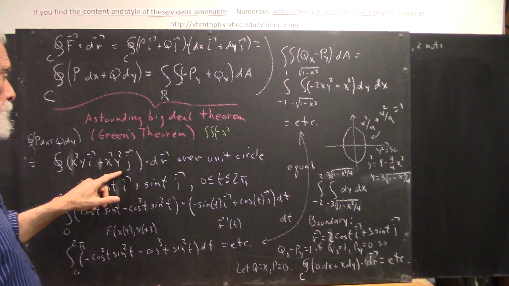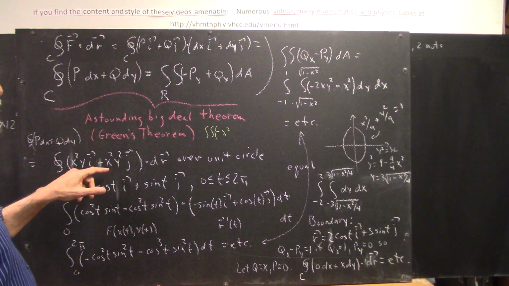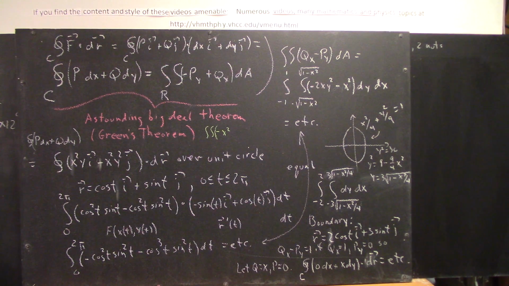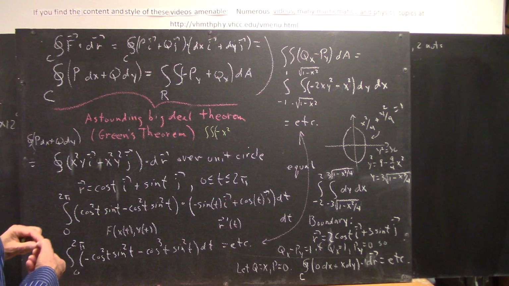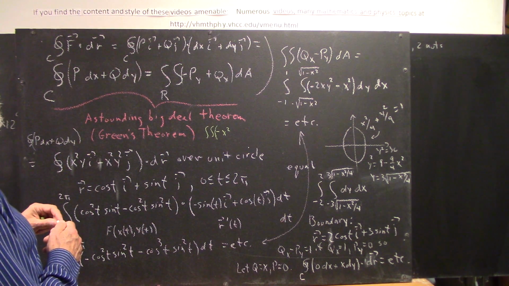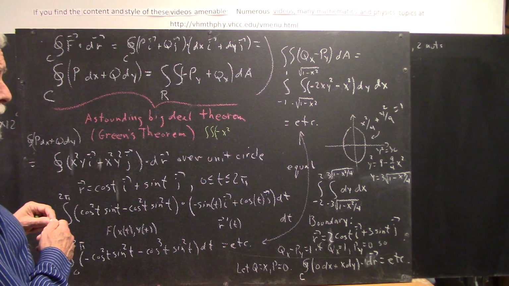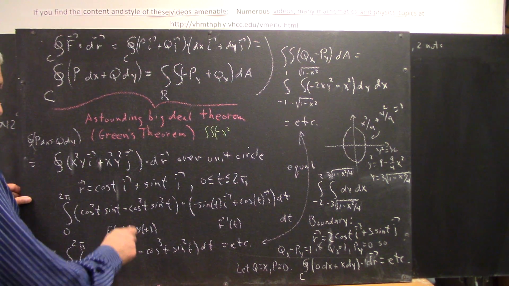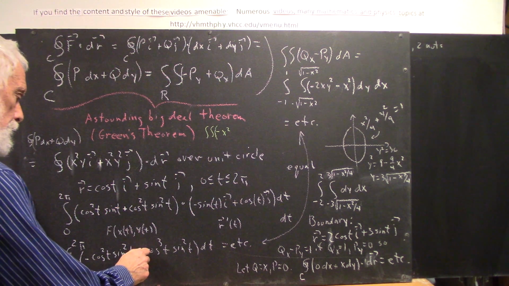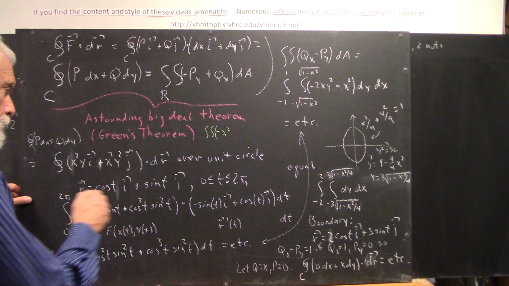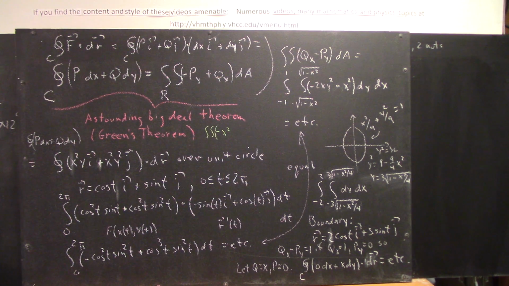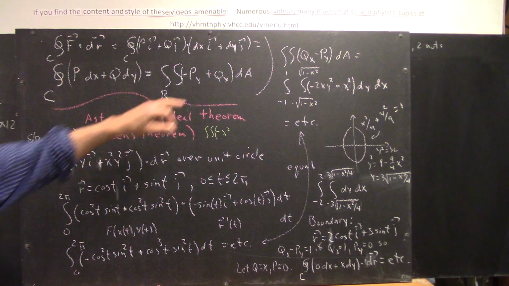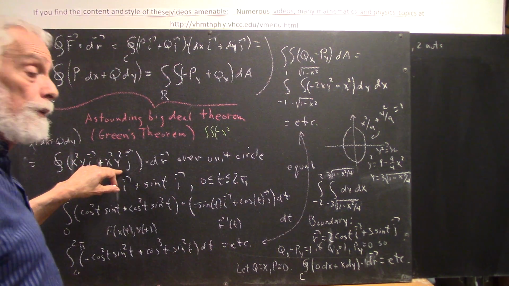Q is negative x squared y squared. Q_x is then negative, I'm sorry, I changed this to a minus. My original function was plus, so I'm going to go back to my original function and just change those three signs. Then I've got a plus x squared y squared j. My Q_x is then 2x y squared.